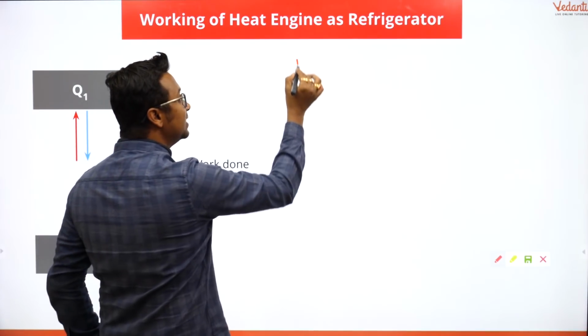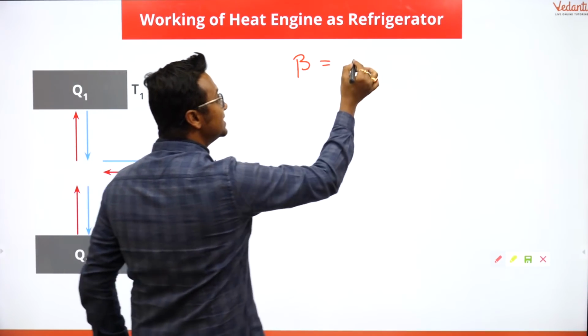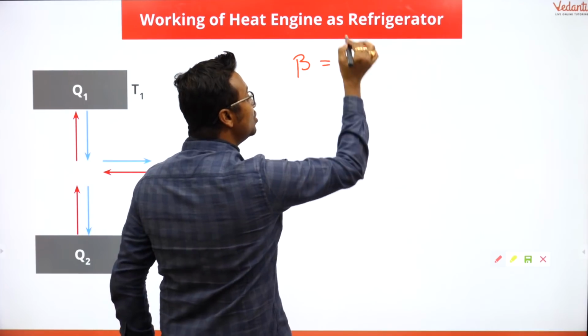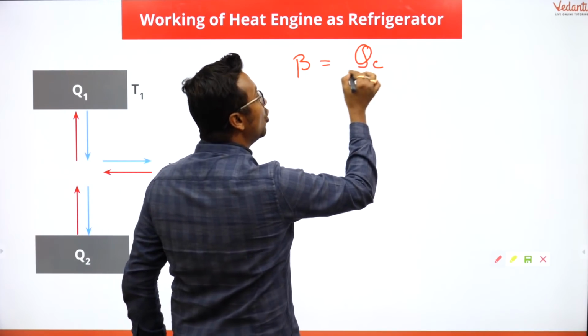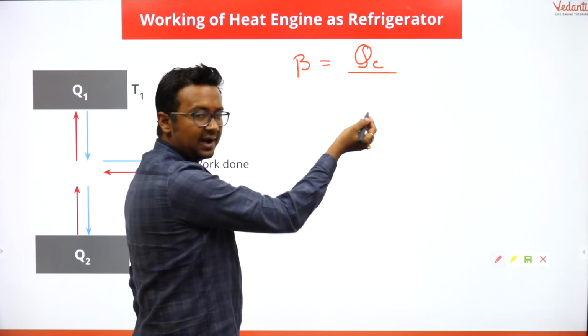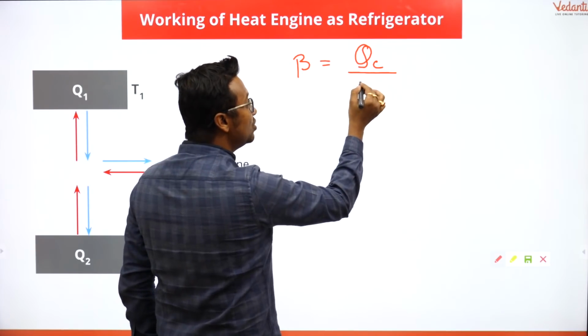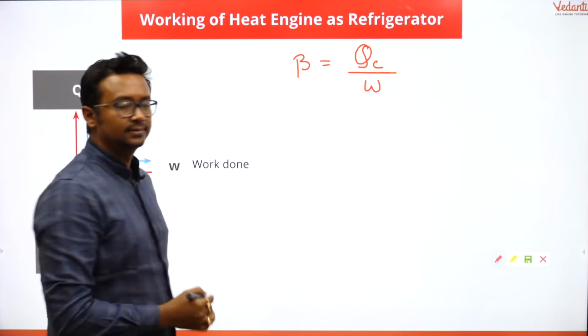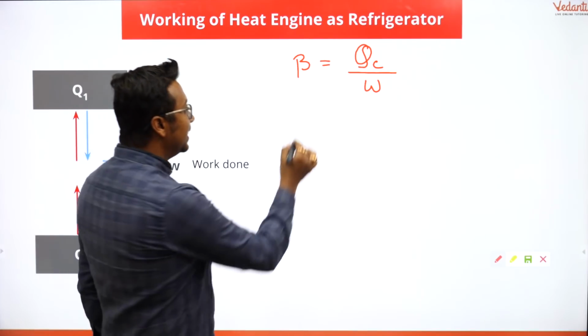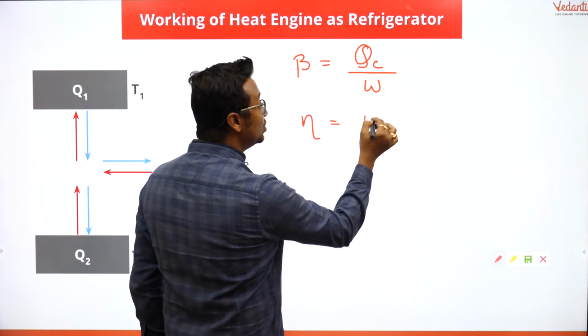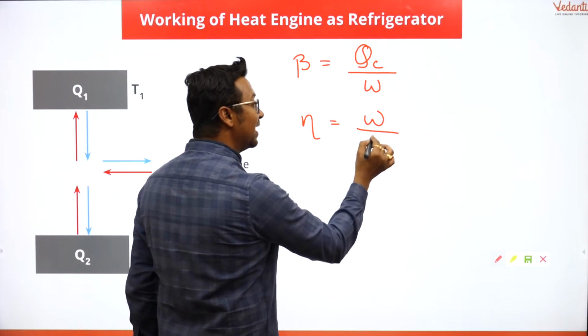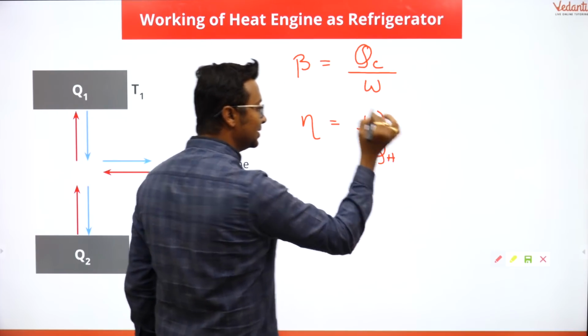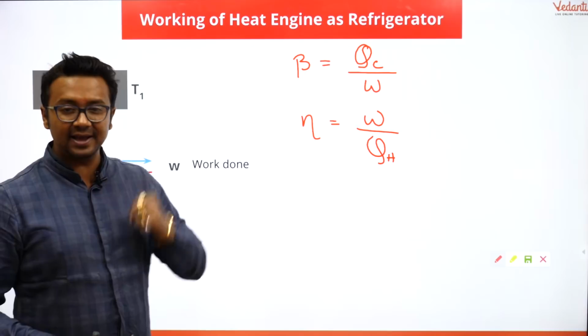What did we see? Beta, the coefficient of performance, is equal to the amount of heat extracted from the cold region, easier to understand, right, divided by the amount of work done. Efficiency equals the amount of work extracted divided by QH, the amount of heat it accepted.